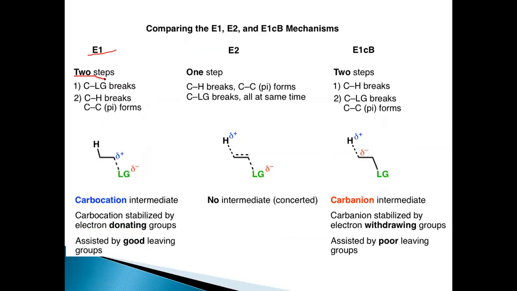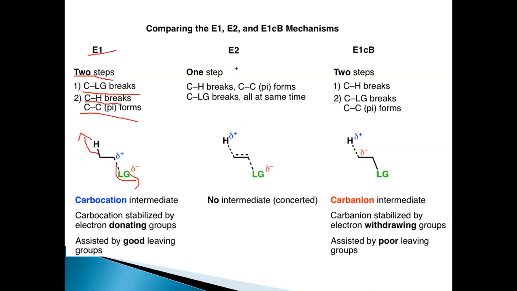It proceeds in two steps. In the first step, the C-Nu bond breakage occurs, that is, the leaving group breaks. And in the second step, the C-H bond breaks, resulting in the formation of a pi bond. So in the first step this is breaking off, and in the second step this is breaking off, resulting in the formation of a pi bond here.